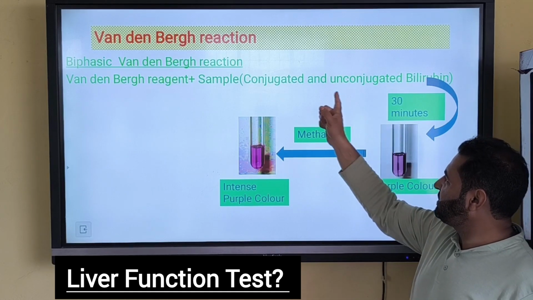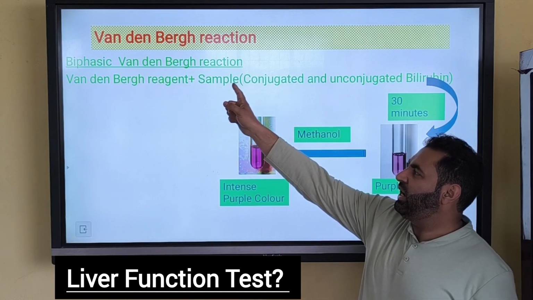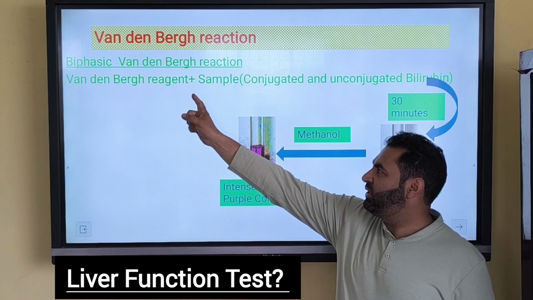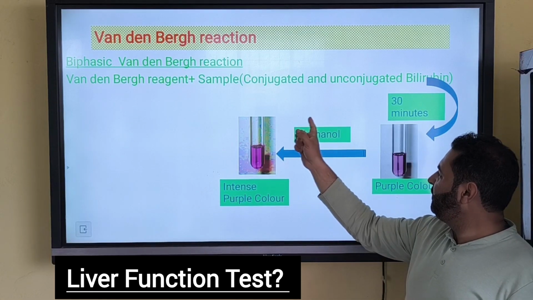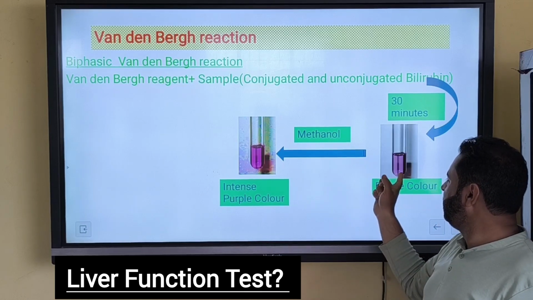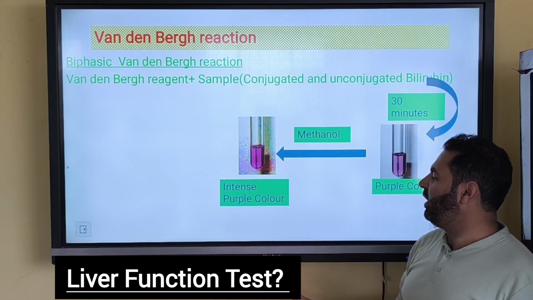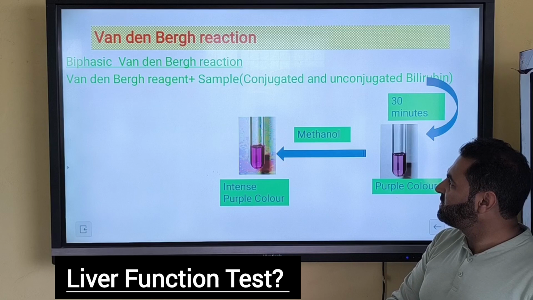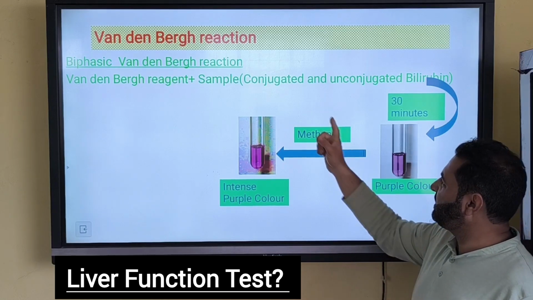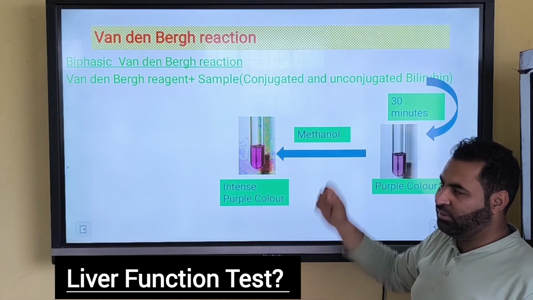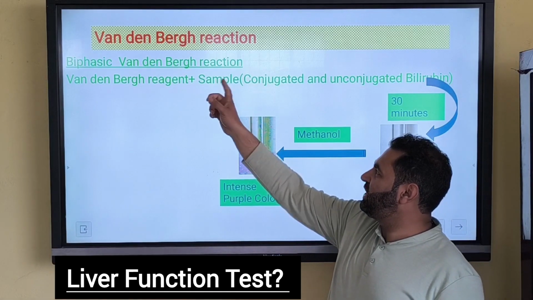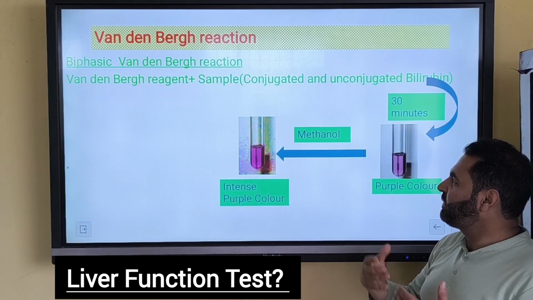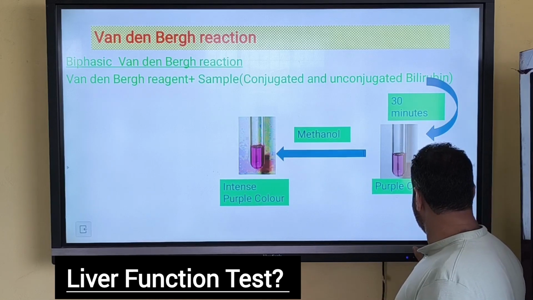This purple color is because conjugated bilirubin directly reacts with the Van den Bergh reagent. Then if we add methanol, we will get intensification of this purple color. This is because methanol makes the unconjugated part of the bilirubin soluble and then it reacts with the Van den Bergh reagent. So we get intensification of the color.